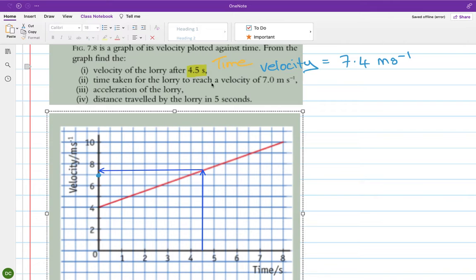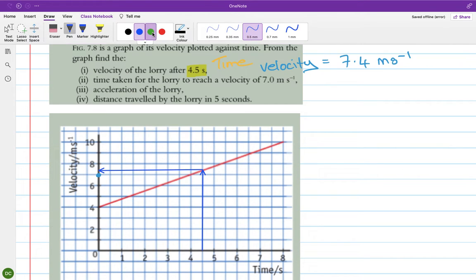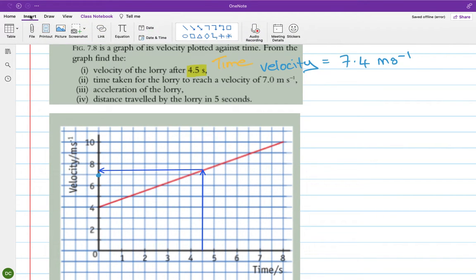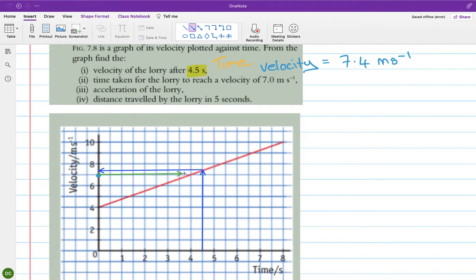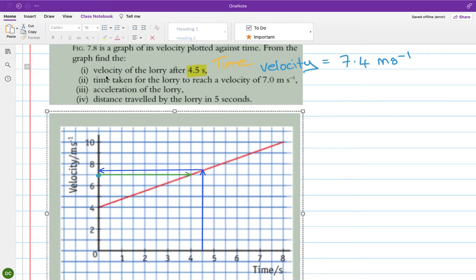Okay. The time taken for the lorry to reach 7 meters per second. So same question, except that this time they've given me the velocity and they want me to find the time. So I'm going to go to 7 because that's what they're asking me here. So I'm going to go to where I put that dot. I'm going to go across till I hit the graph.